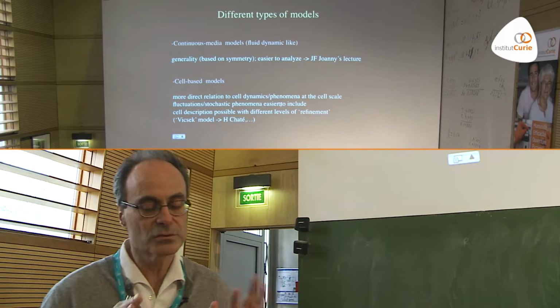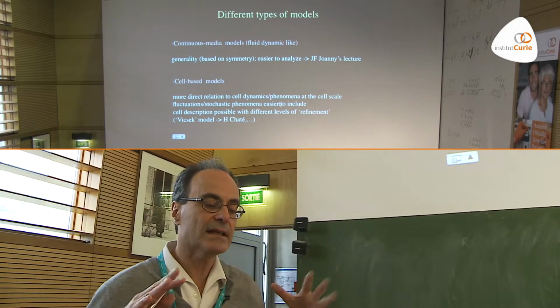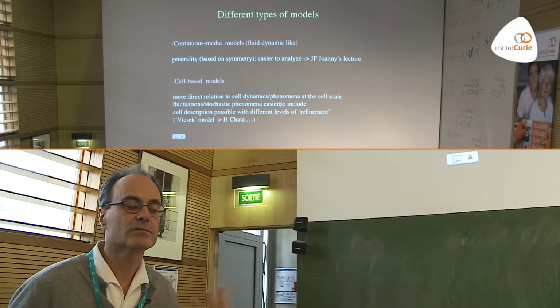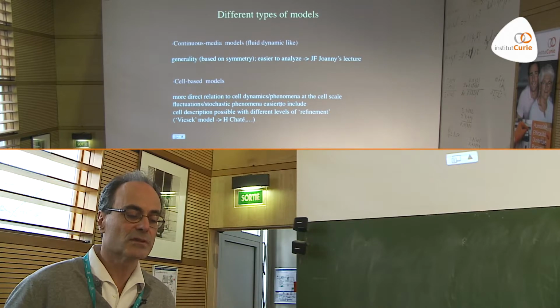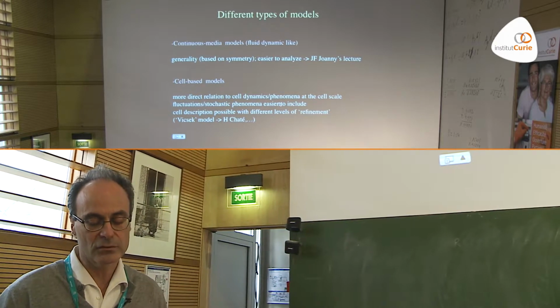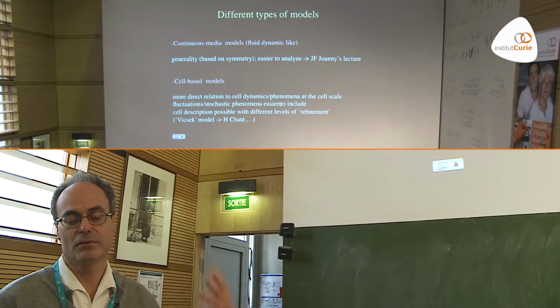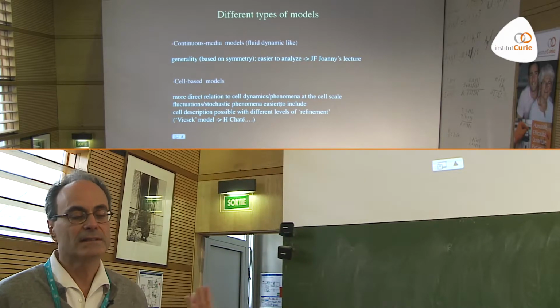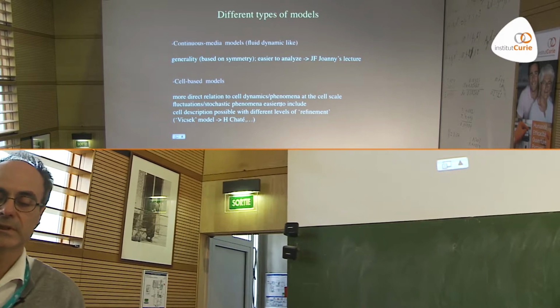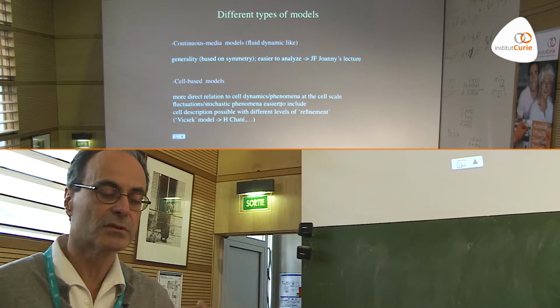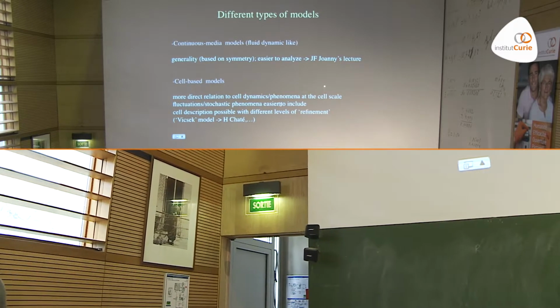usually, I mean, not usually, they are valid on a scale that is larger than the scale of the cell. So if you want to see things that are really on the scale of the cell, like these fingers, for example, these are not really good descriptions because the elementary element plays a quite important role.